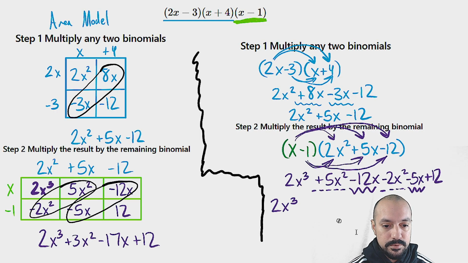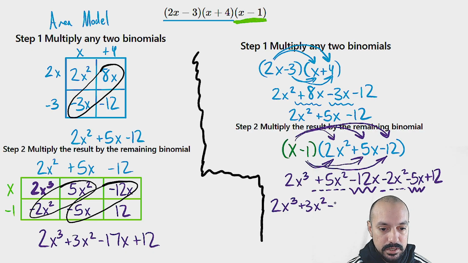With our x squared terms, we have 5x minus 2x. That's going to give me 3x squared. Negative 12x minus 5x is going to give me negative 17x. And then our plus 12 doesn't have anything to combine with.